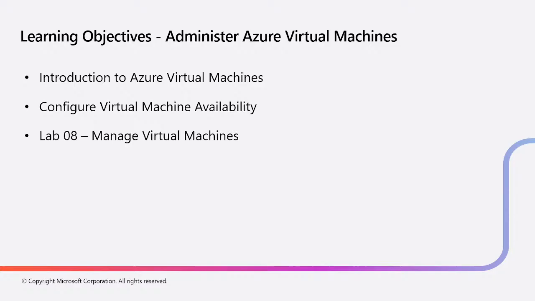We've talked about some of the advantages of leveraging the cloud, and I'm sure we talked about availability, reliability and some other benefits. So how do we now make sure that our virtual machines are always available?